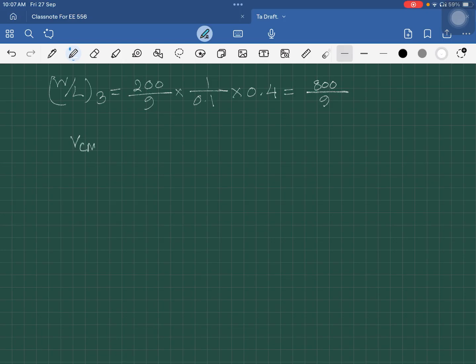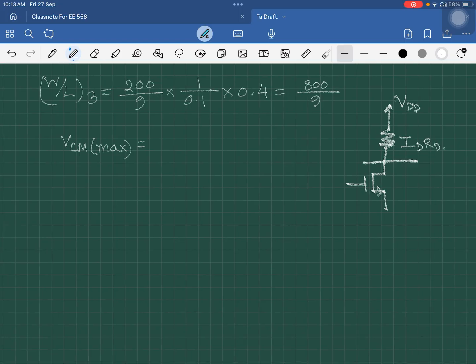And our MOSFET will have the threshold voltage. Across the resistance there is a voltage drop, so VDD minus ID RD is the voltage drop, and then VTH. We can add these two and find the maximum common mode voltage.